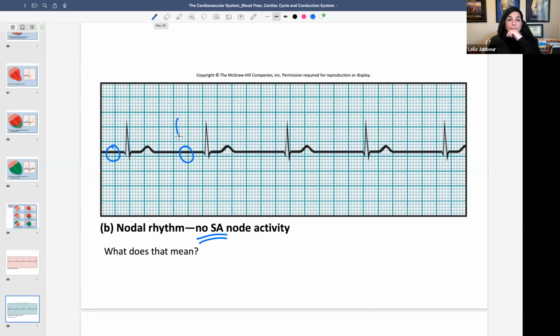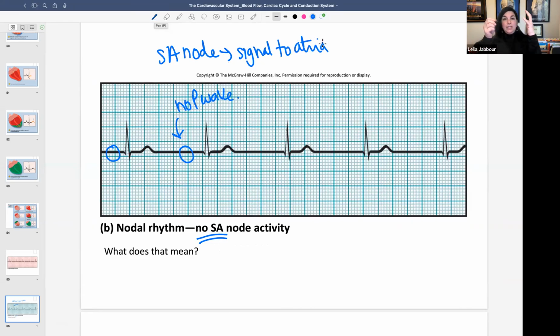See, there's no P wave, because the SA node sends the signal to the atria. Remember, the depolarization is propagated along the atrial wall, and all of the myocytes in the atria contract, and Bachmann's fibers send the signal to the left side, so the left side contracts as well, at the same time. So if we don't have an SA node, we don't have a P wave. The P wave is missing.